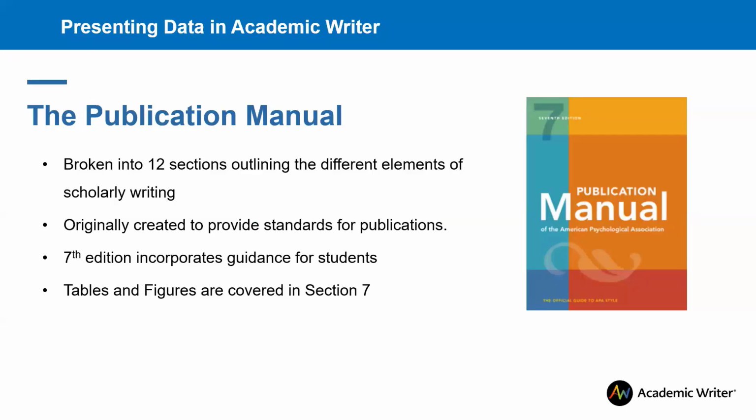The American Psychological Association's Publication Manual is broken into 12 sections. It's meant to guide you through the act of scholarly writing. And I think the core of APA style focuses on effective communication.